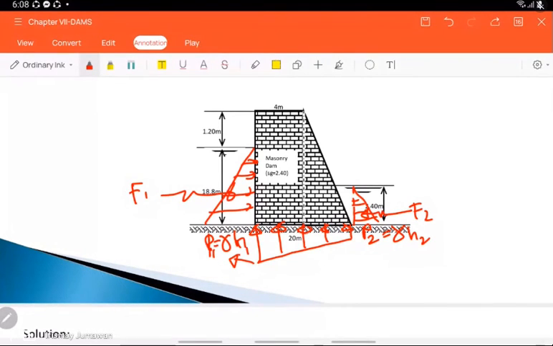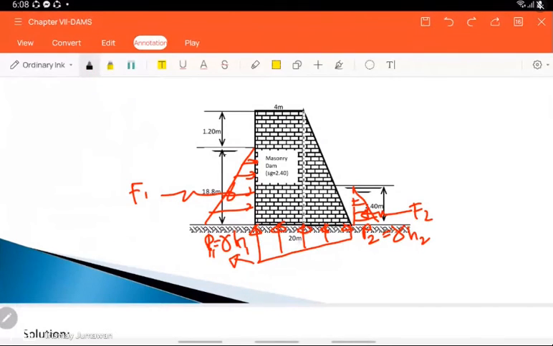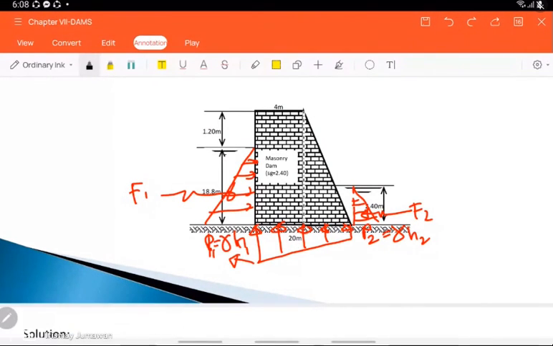This is H1. So for your uplift pressure here, we divide it, or if you know the location of the centroid of the trapezoid, you can use just one. One whole, if you can compute the centroid.